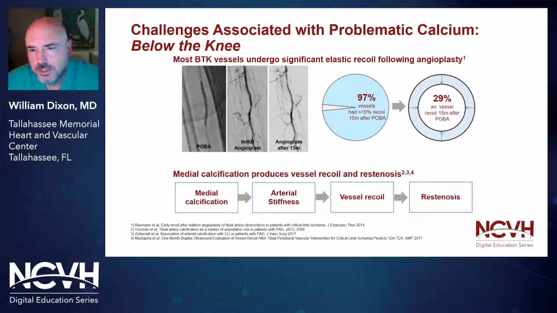Studies have shown that almost 97% of calcified vessels have at least some recoil following balloon angioplasty. And a lot of these vessels will have up to a third luminal diameter of recoil, even 15 minutes after balloon angioplasty. This is due to medial calcification. This leads to stiffened arteries, vessel recoil, and ultimately restenosis long-term.